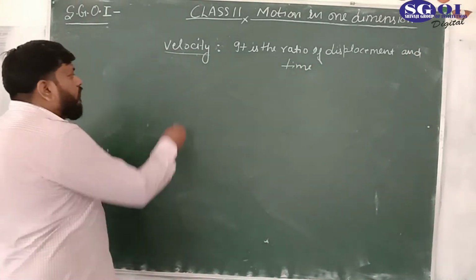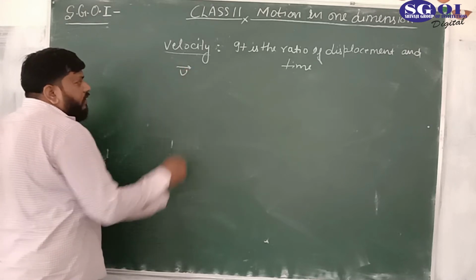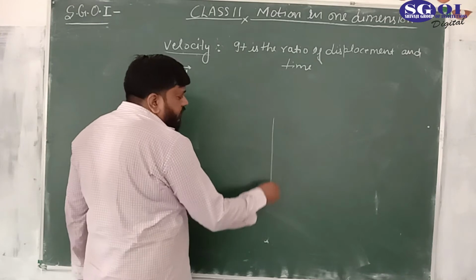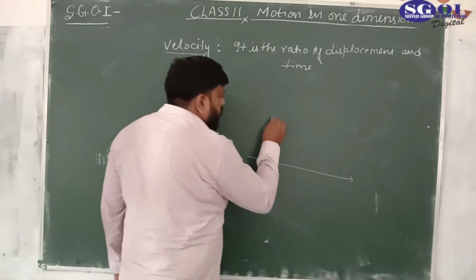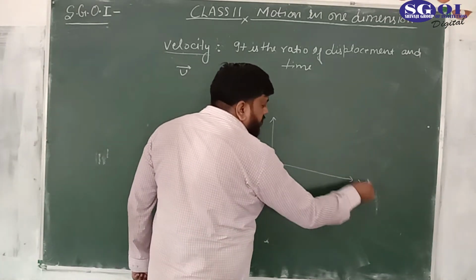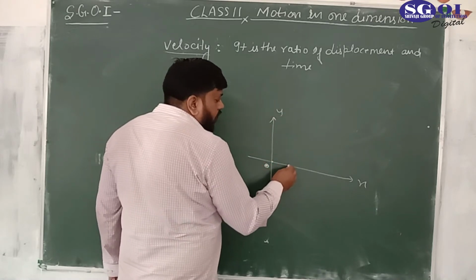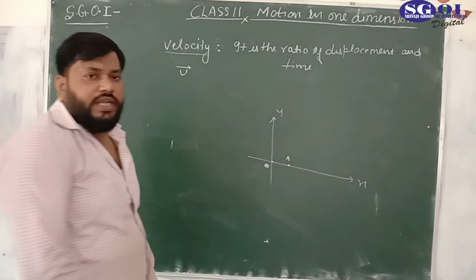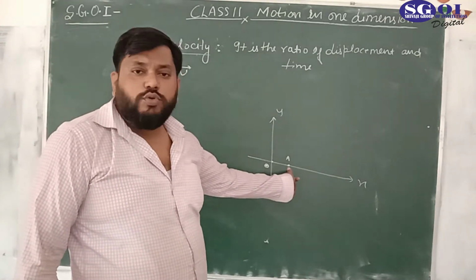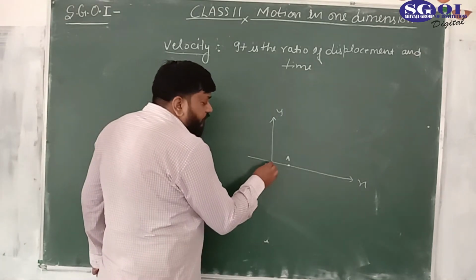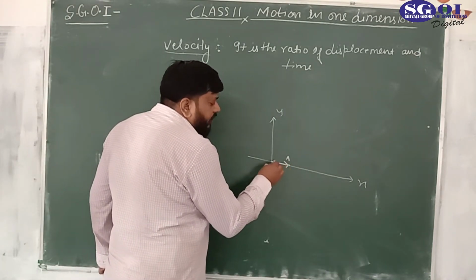So the formula for velocity, v vector. Let's say again, this is the x-axis, this is the y-axis, this is the origin O. Suppose the object is at a position A from the reference point, and this is the vector.